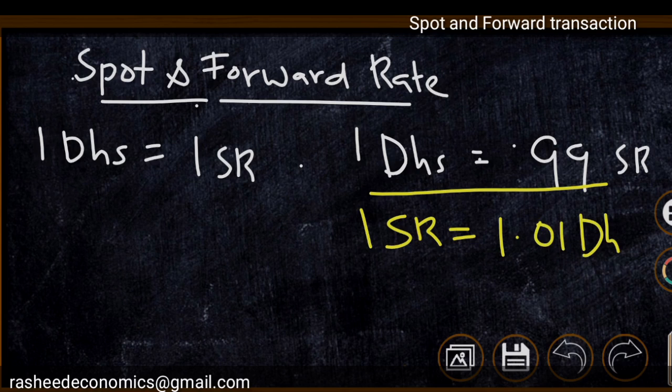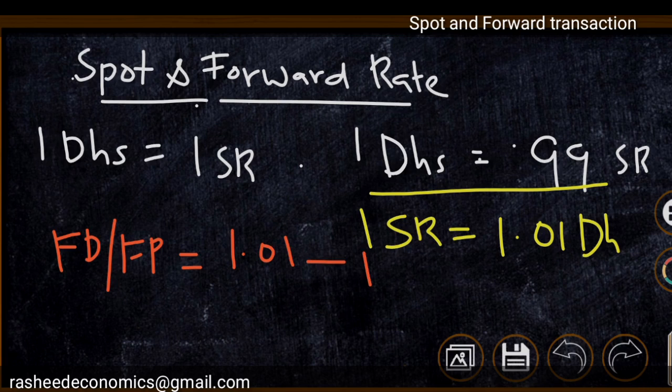Now we can calculate the forward discount or forward premium by using the same formula. It can be written as forward rate, that is 1.01, minus spot rate, that is 1, divided by 1 into 4 into 100.